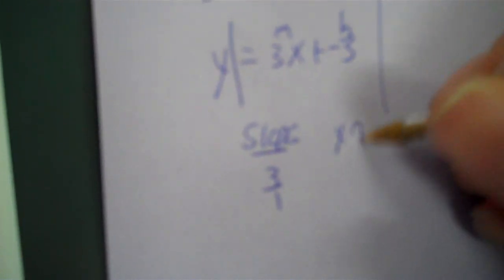Now divide everything by 2. So we end up with, and quit writing just 6 when you're adding the x's, it's 6x. So 3x plus negative 3. So slope 3 over 1, y-intercept negative 3. Okay. And up 3, right 1.